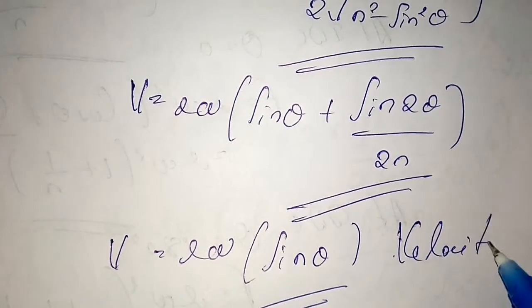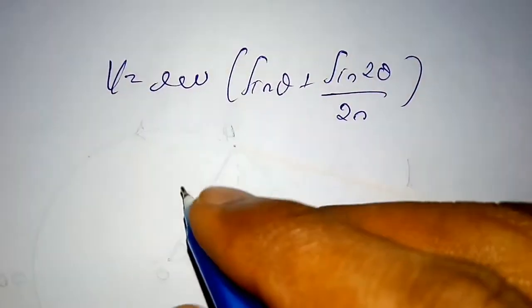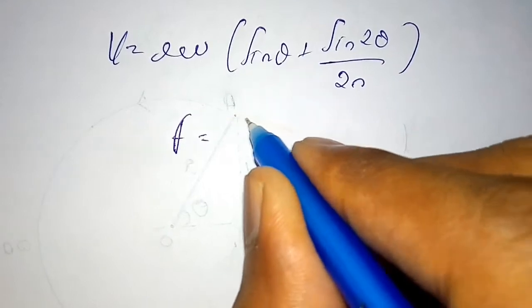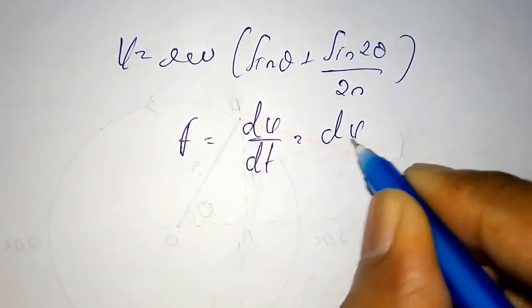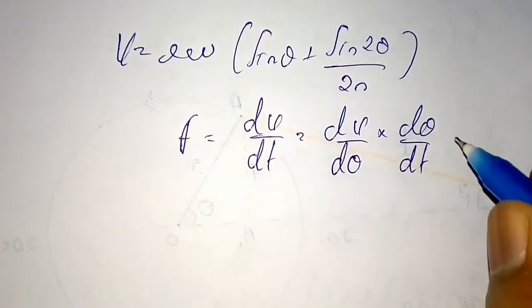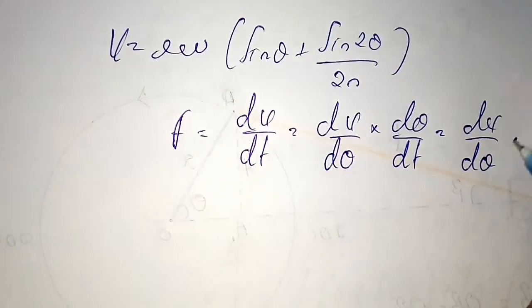Now we need to find the acceleration of the piston. We know that acceleration is the rate of change of velocity, so it will be dv by dt. So we can write dv by d theta into d theta by dt. d theta by dt is omega, the angular velocity, so it will be dv by d theta into omega.